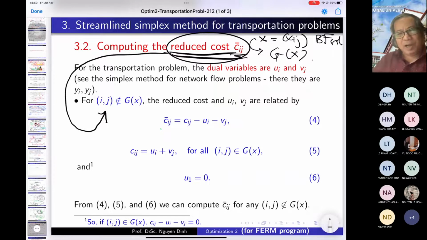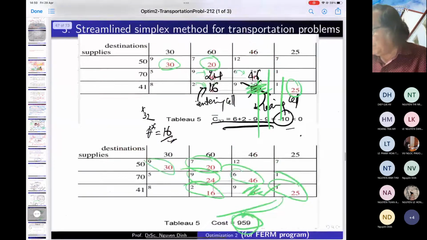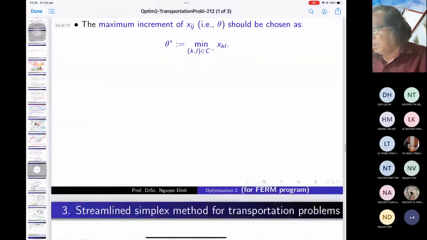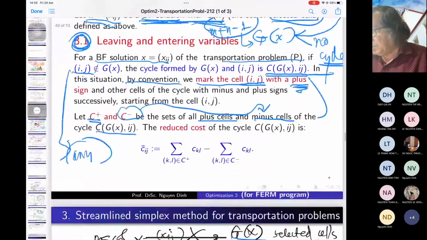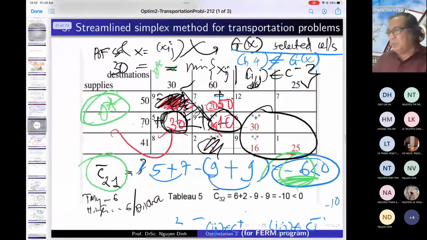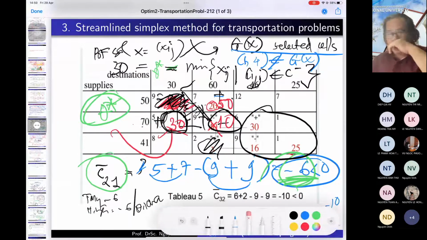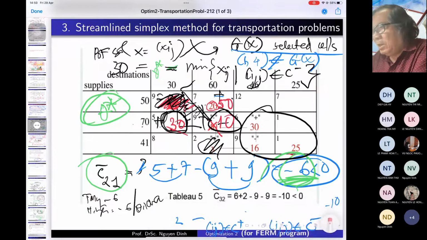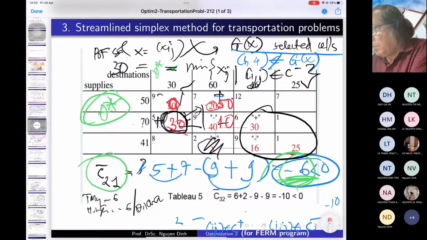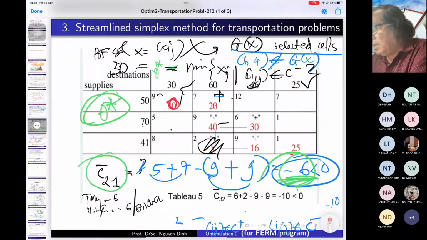You find C bar ij with ij not belonging to Gx in order to find out whether you can change this, whether it is feasible or not.